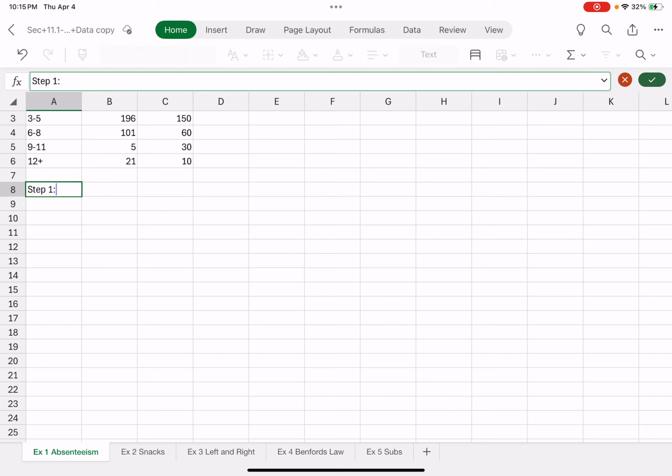Step 1, original claim. Well, the original claim is that the faculty perception is accurate.